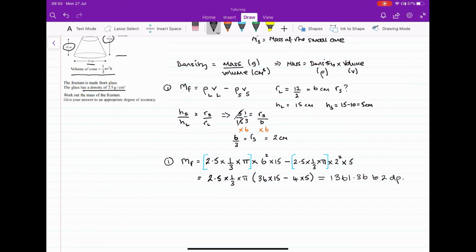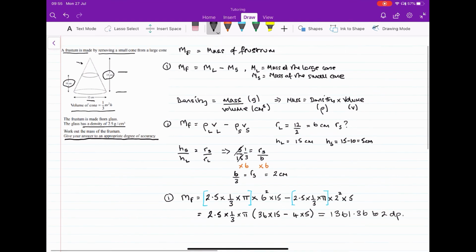But the question then explicitly asks us to give our answer to the appropriate degree of accuracy, and that's a very interesting question. So what is the appropriate degree of accuracy? Is my 2 decimal places appropriate? The only way that we can answer that point and decide what is an appropriate degree of accuracy is to look at the way that we're given the values.